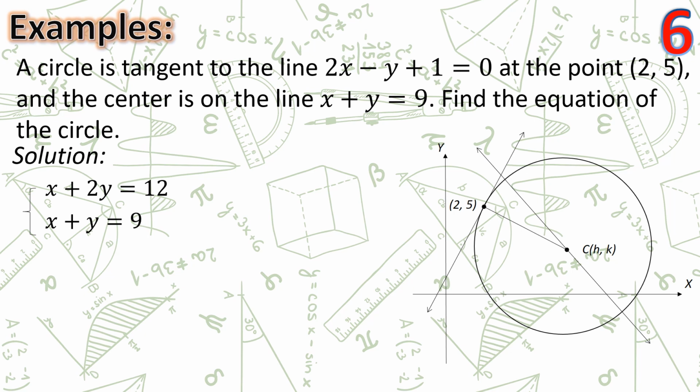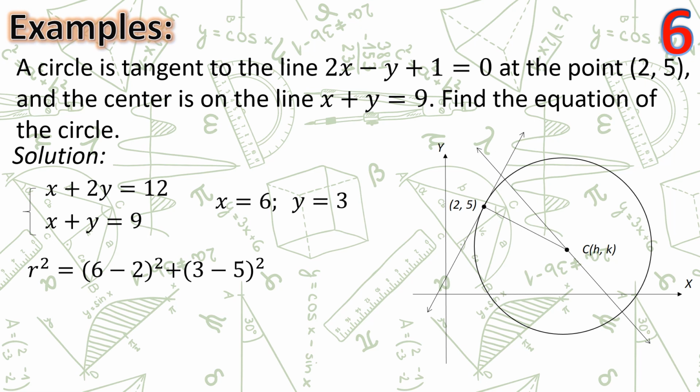Subtracting the two equations, we get y equals 3, and substituting the value of y to either equation, we get x equals 6. Therefore, the center of the circle is at 6, 3. Now we need to get the length of the radius.